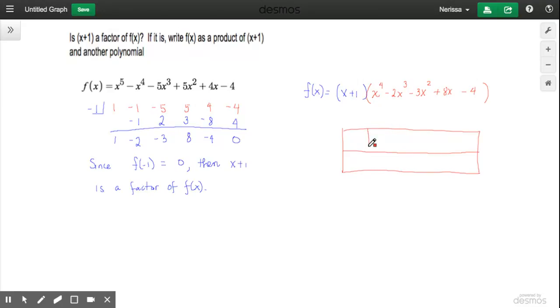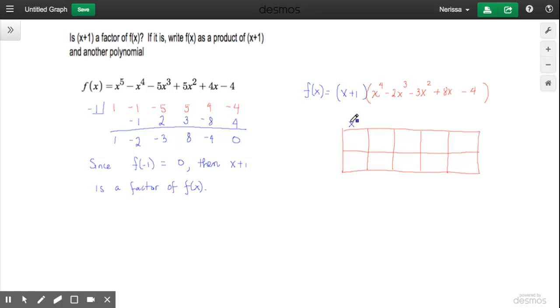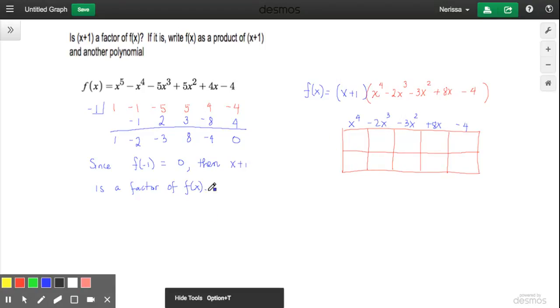So this will be x to the fourth minus 2x cubed minus 3x squared plus 8x minus 4 multiplied by x plus 1.